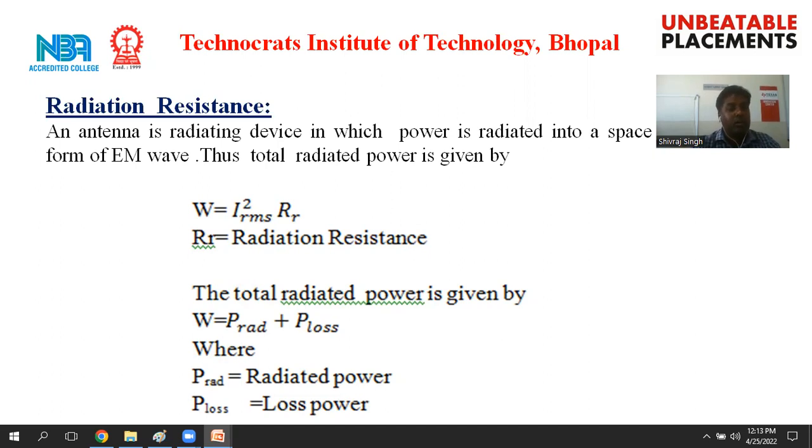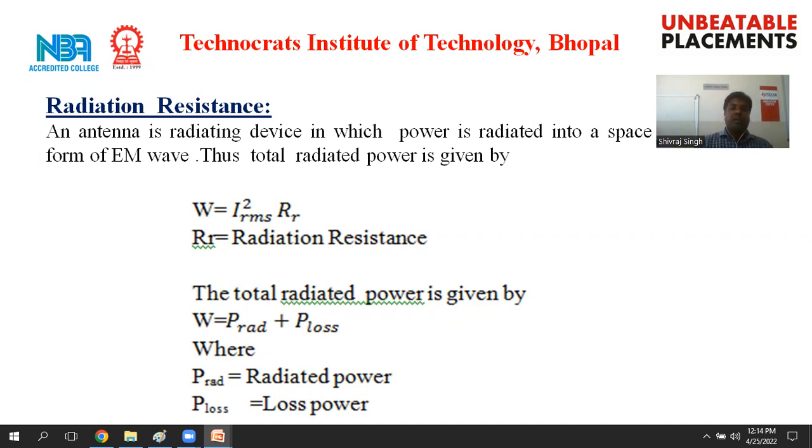That means an antenna is a device which converts radio frequency into an electromagnetic wave, in which the electric field and magnetic field are perpendicular to each other, and the propagation of the wave is perpendicular to these two. So the antenna is a radiating device in which power is transmitted into space in the form of an electromagnetic wave.